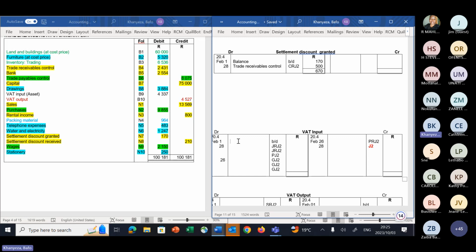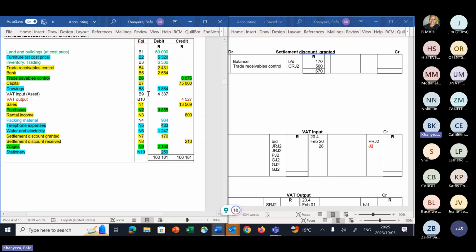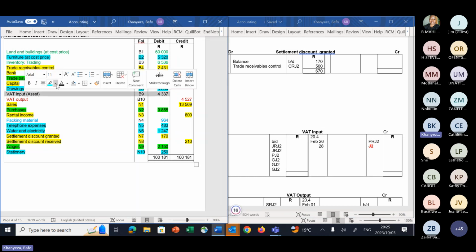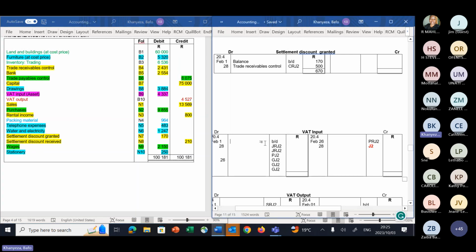Then let's input. It's a debit, which is 3880. Oh no, it's not 3884. That is the VAT input, so that you can see where I am taking it from. VAT input, 4337 balance.